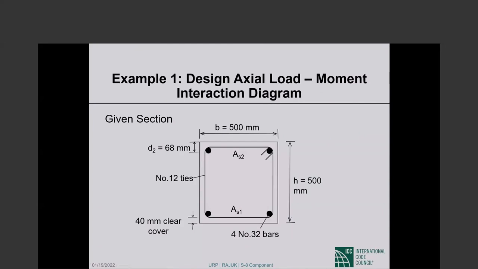It's a square column. 4 number 32 bars, 2 at the bottom, 2 at the top. 40 millimeter clear cover, number 12 ties, and this distance from the top to the center of the top bars is 68 millimeters.